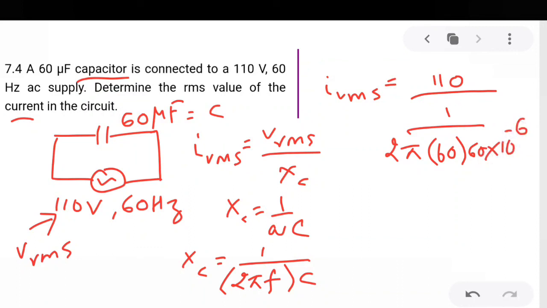If you simplify this, on simplifying we get the final answer as 2.49 ampere. So this is the value of the RMS current.